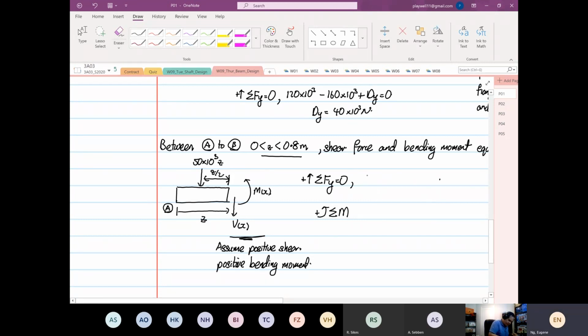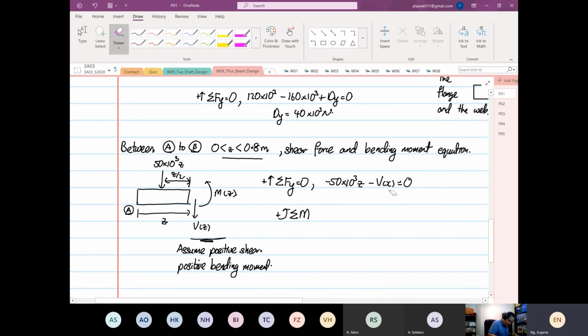So minus 50 times 10 to the power 3 z minus V as a function of z, the whole thing is equal to 0, so I have to change this to z. So V as a function of z is equal to minus 50 times 10 to the power 3 z.